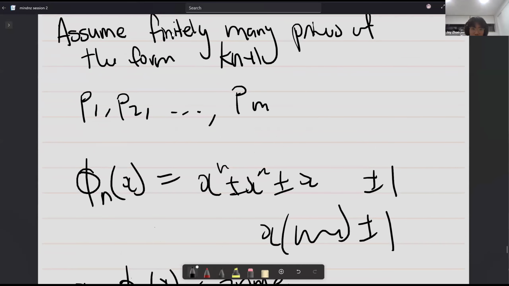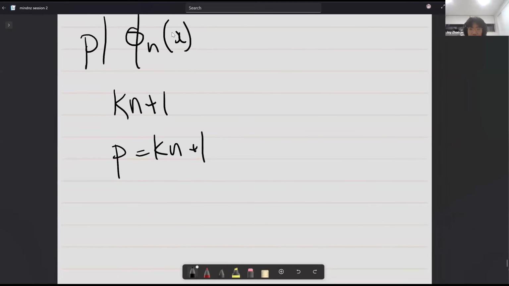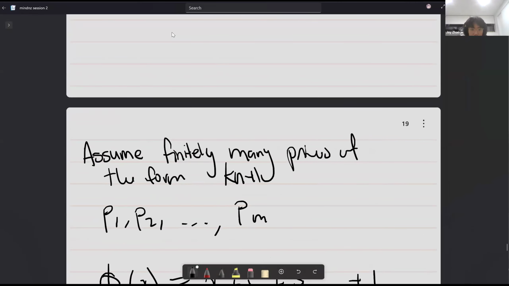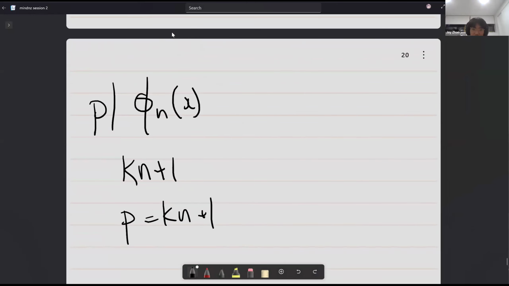But that would contradict the fact that these are all of the primes of that form. So there have to be infinitely many primes of the form kn plus 1. So, are there any questions?